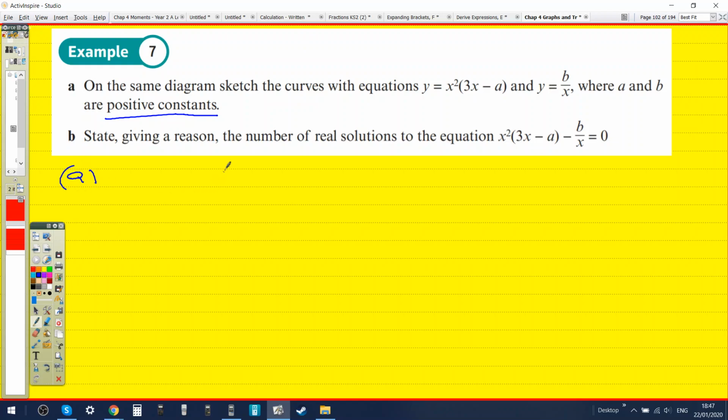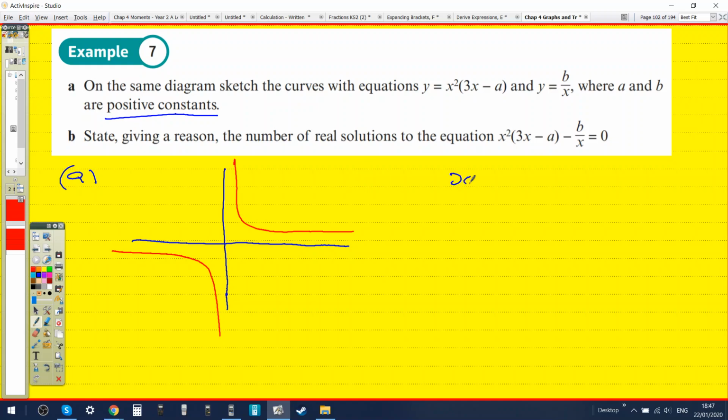I'm not sure about the other one. Just sub any number in for A. So like x squared, 3x minus 5. Yeah, so if A was a 5. So then it would be, I'm not sure.